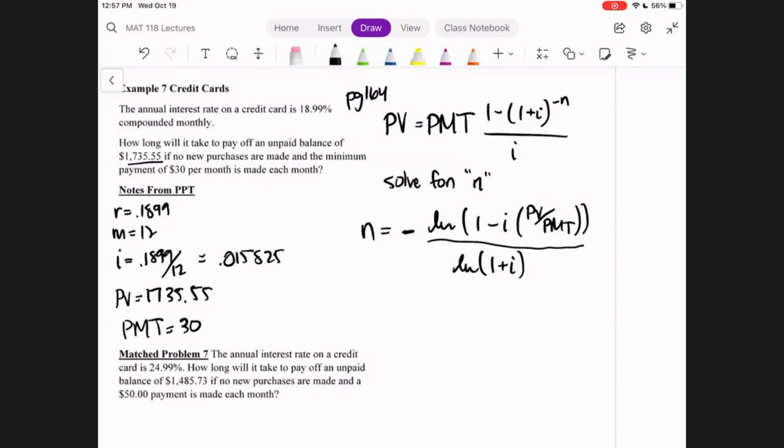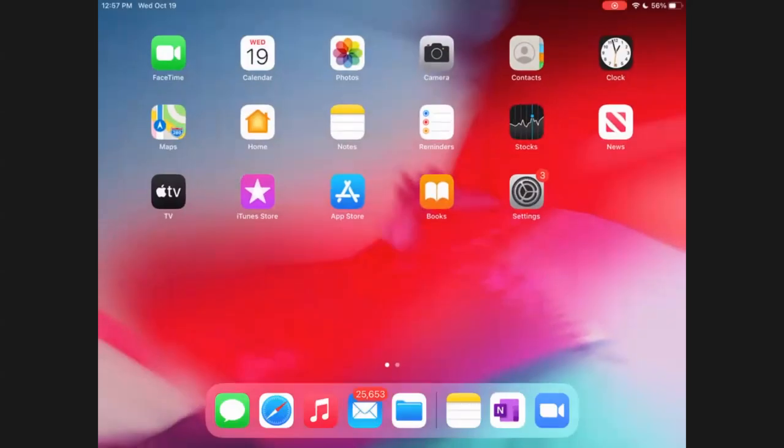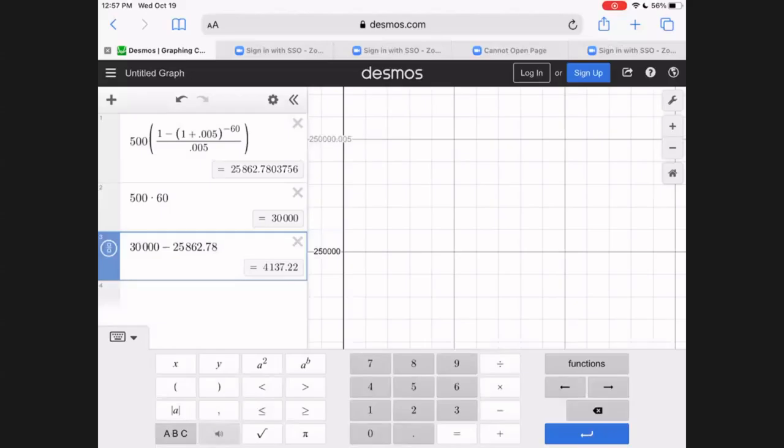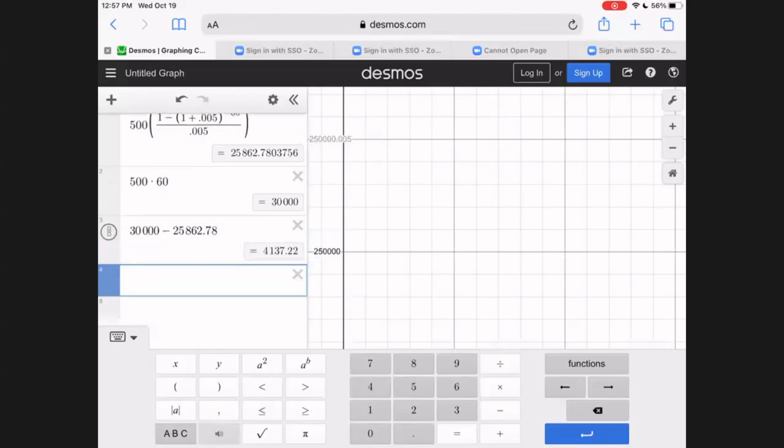We need to compute this, so I'm going to use Desmos. Let me just take a photo of this real quick so I don't lose any information. Okay, let's go to Desmos and see if we can get the appropriate values. Do your minus first, and then do your divided by.